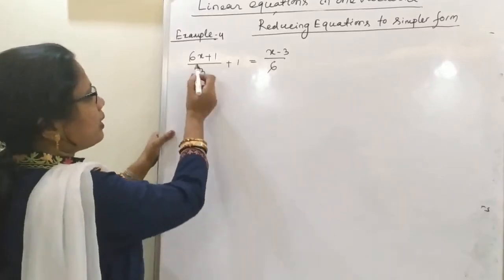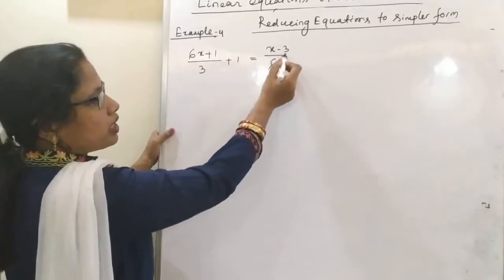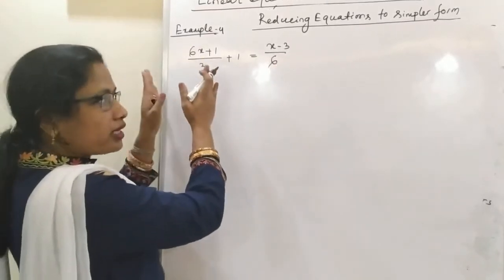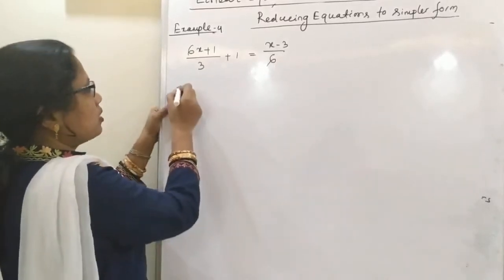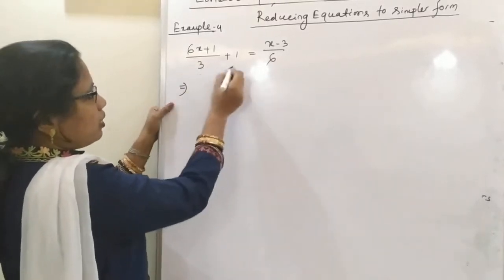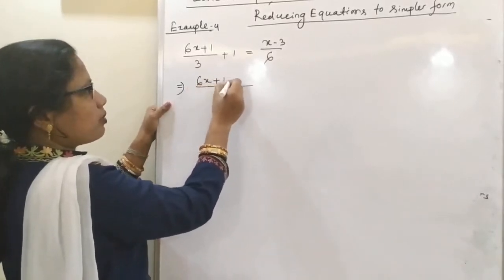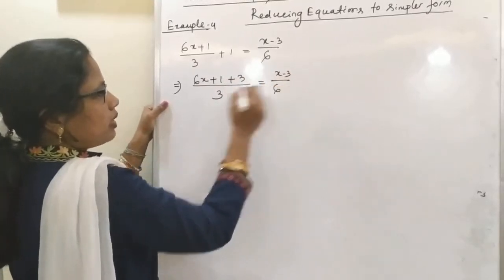So here it is given that (6x plus 1) by 3 plus 1 is equal to (x minus 3) by 6. Then we will simplify first LHS, then RHS, then we will simplify both the sides. So this implies, here the LCM is 3, so (6x plus 1 plus 3) by 3 is equal to (x minus 3) by 6.